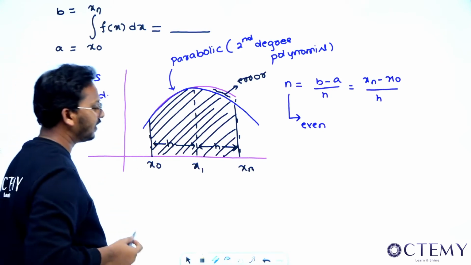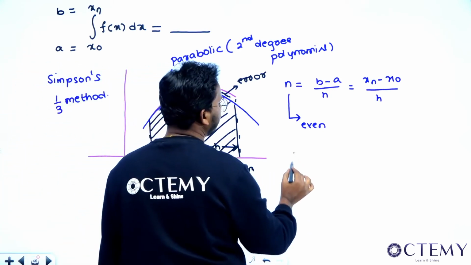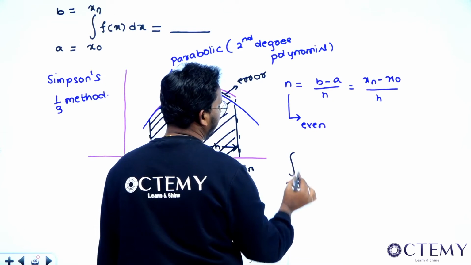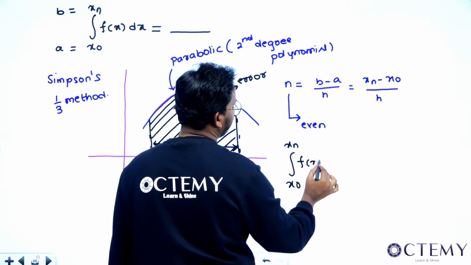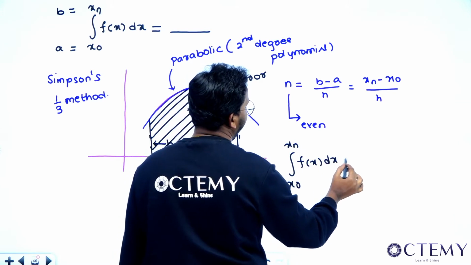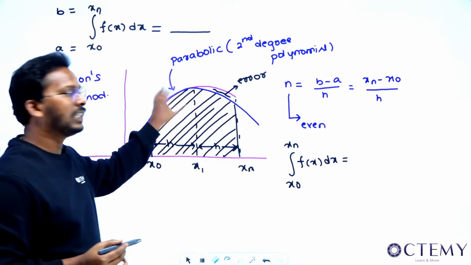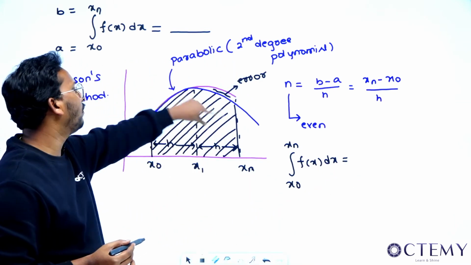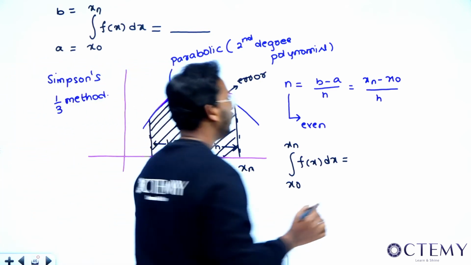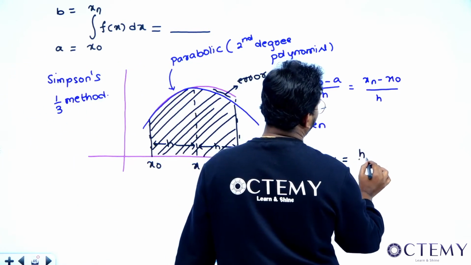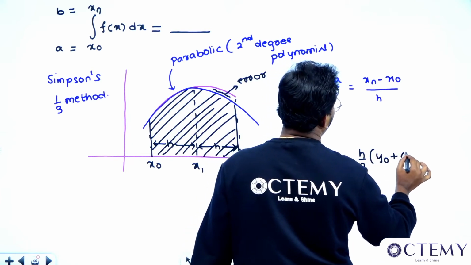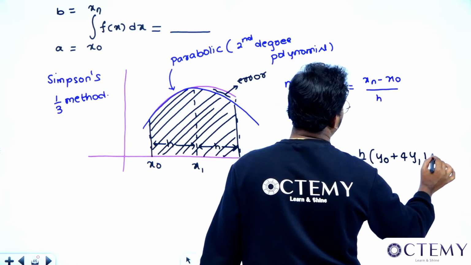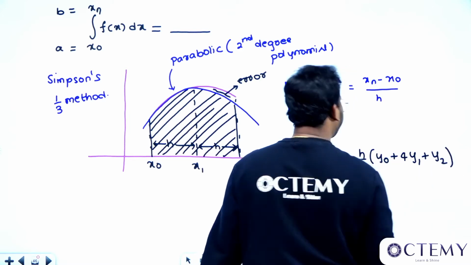So if it is like this, then the formula will become something like this. That will be the integral from x0 to xn of f of x dx. The area of this we will find using interpolation, sir. I will directly write: whenever you have a quadratic approximation, the area will be like this, h by 3 times y0 plus 4 times y1 plus y2, right?